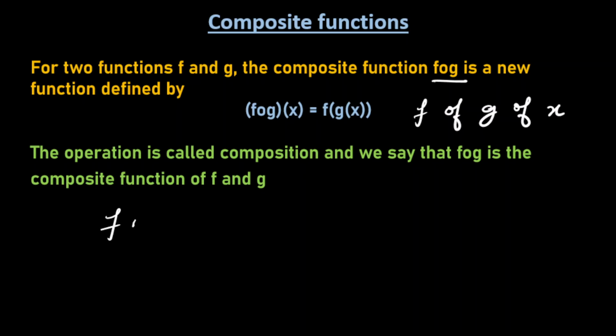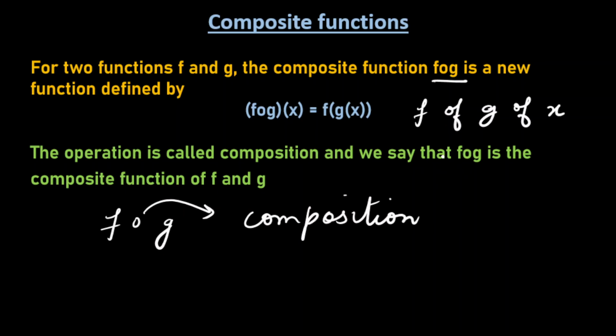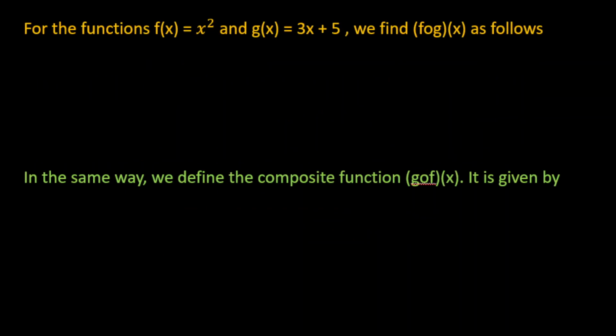Here, when we are writing f o g, this o is an operation, known as composition, and we say that f o g is the composite function of f and g. So let us understand composite functions with the help of a few examples.